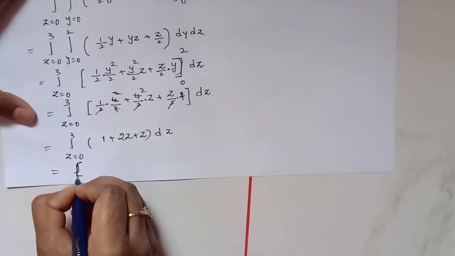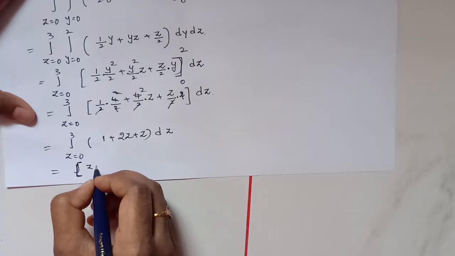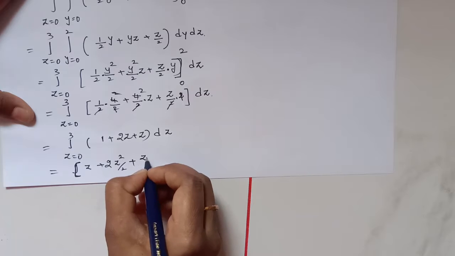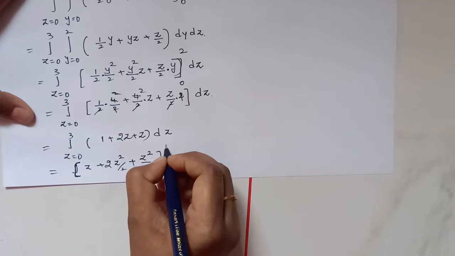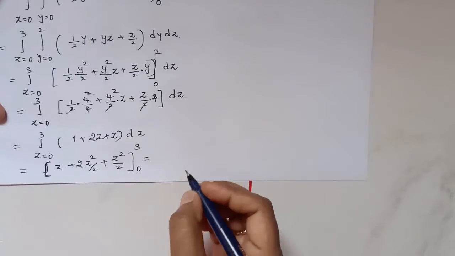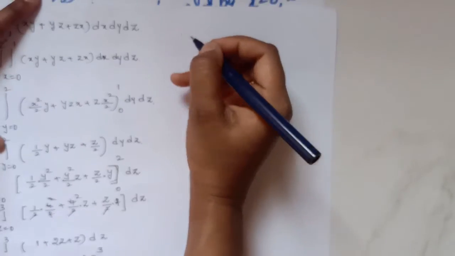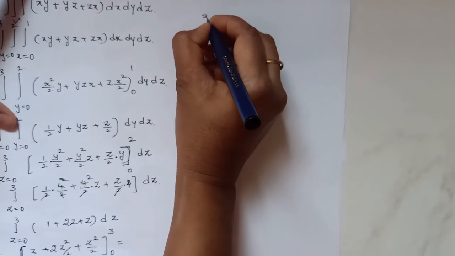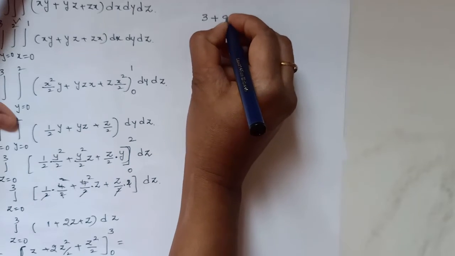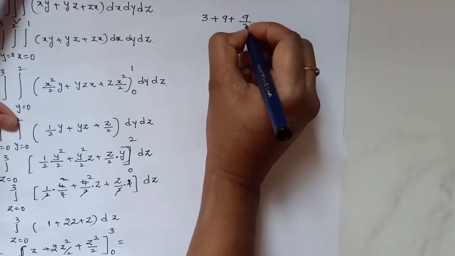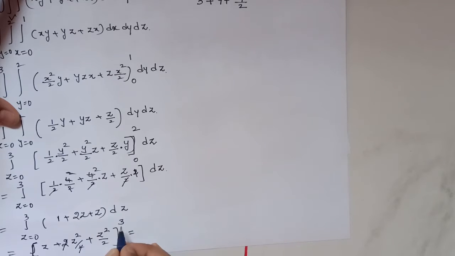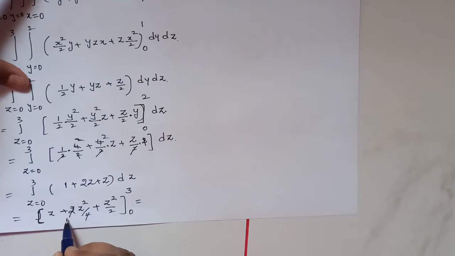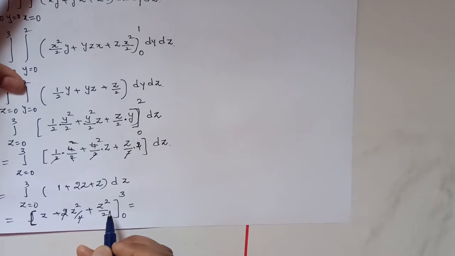If I integrate with respect to z, the integral of 1 dz is z, plus 2 into z squared by 2, plus z squared by 2, limits 0 to 3. Now apply the limits. In place of z, write 3. So 3 plus, the 2s cancel, 9 plus 9 by 2. Substituting the upper limit z equals 3, we get 3 plus 3 squared, which is 9, plus 9 by 2.